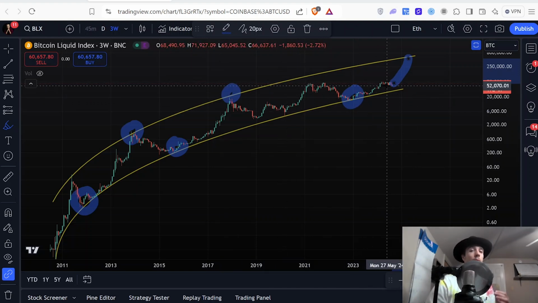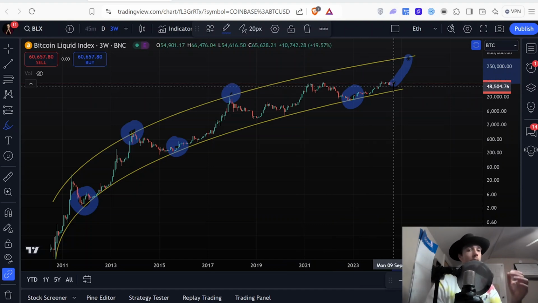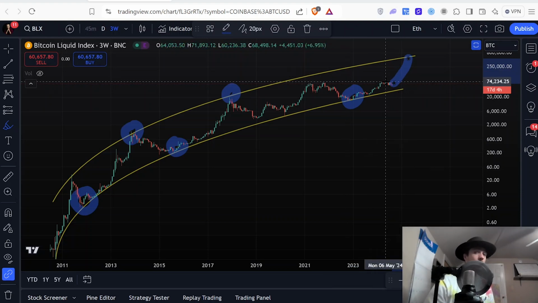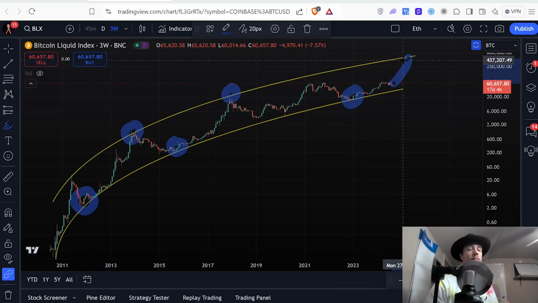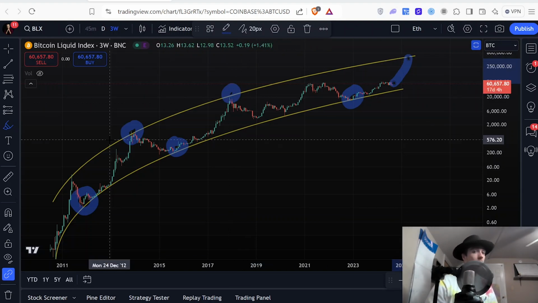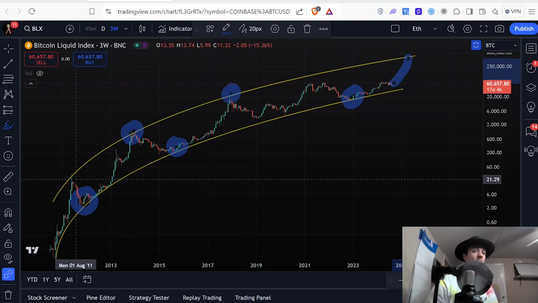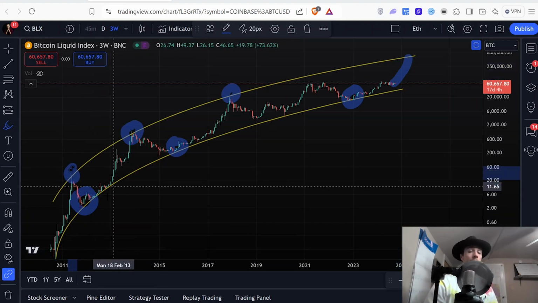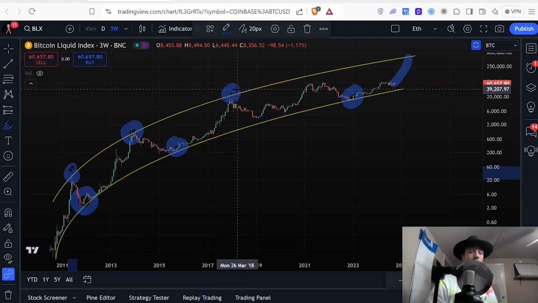So I think we will see a lot more upside here for Bitcoin that will take us up to new all-time highs, well above our local resistance and up into bigger time frame resistance, like what happened in 2017 or 2013 or 2011, where we go parabolic and hit this bigger time frame resistance and really get overvalued.